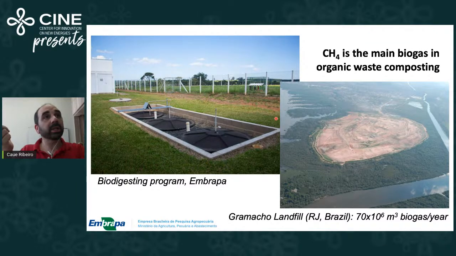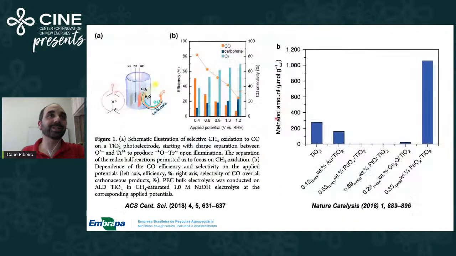But on the other hand, we can use the photocatalytic application of several particles. Again, titanium oxide is a good example to oxidize this methane in a more controlled manner. Oxidizing it in a controlled manner, we can produce, for instance, carbon monoxide, or better, producing methanol.